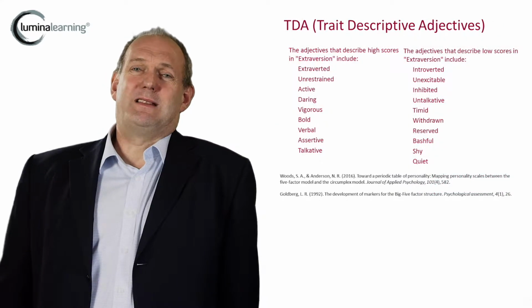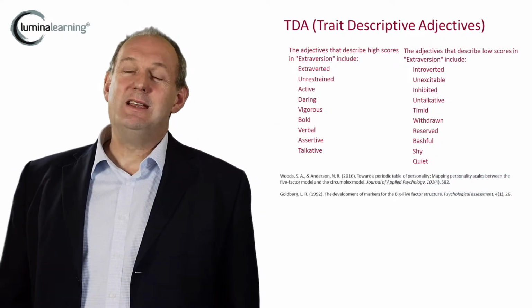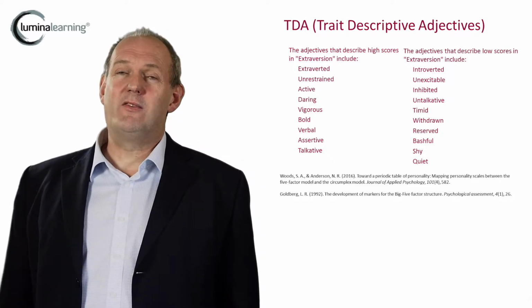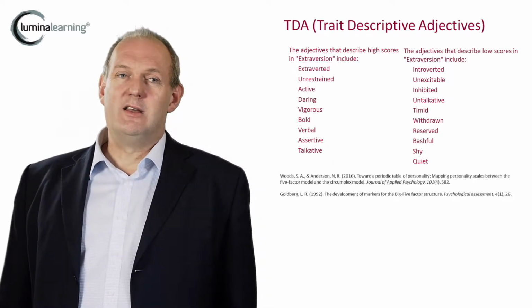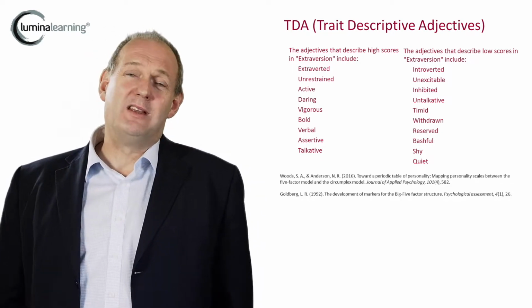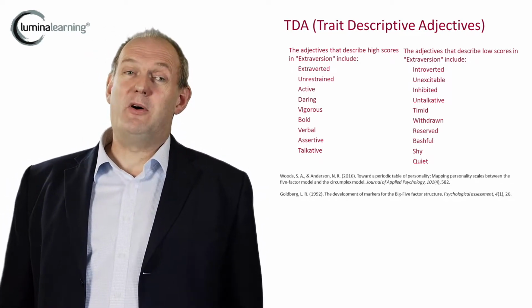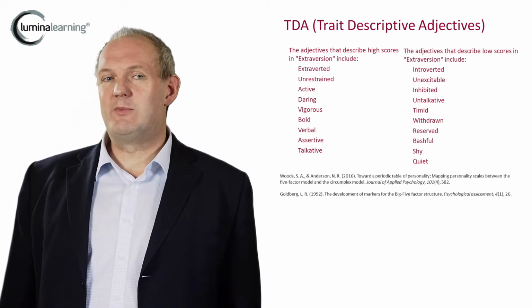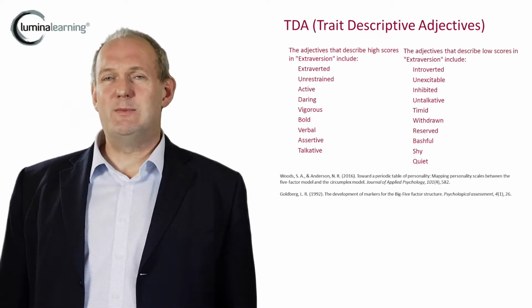So let's make that practical. What does that mean? Here are the extroverted adjectives from Goldberg's list. If you're extroverted, you're unrestrained, you're active, you're vigorous, you're bold. These things all sound pretty positive. Introversion is described as unexcitable, inhibited, untalkative, timid, withdrawn.